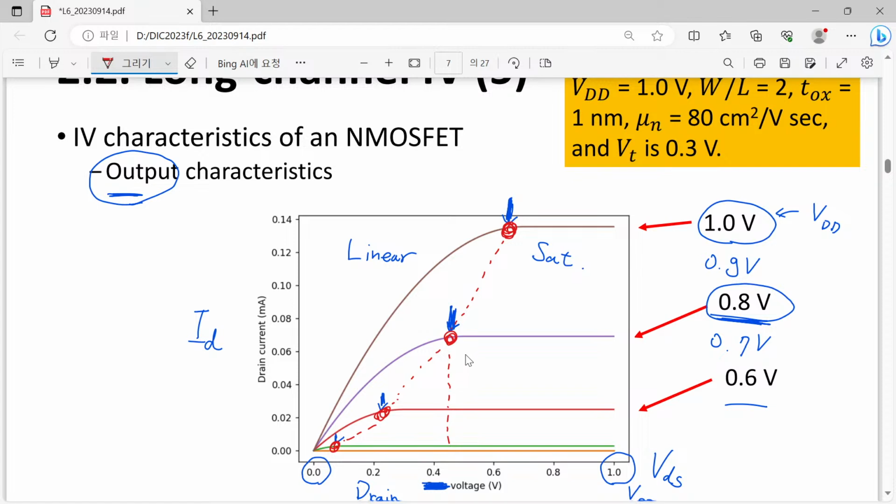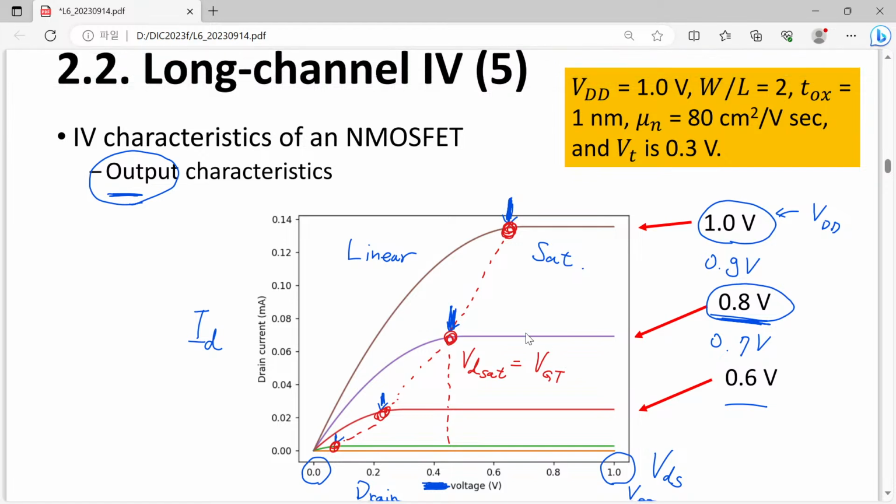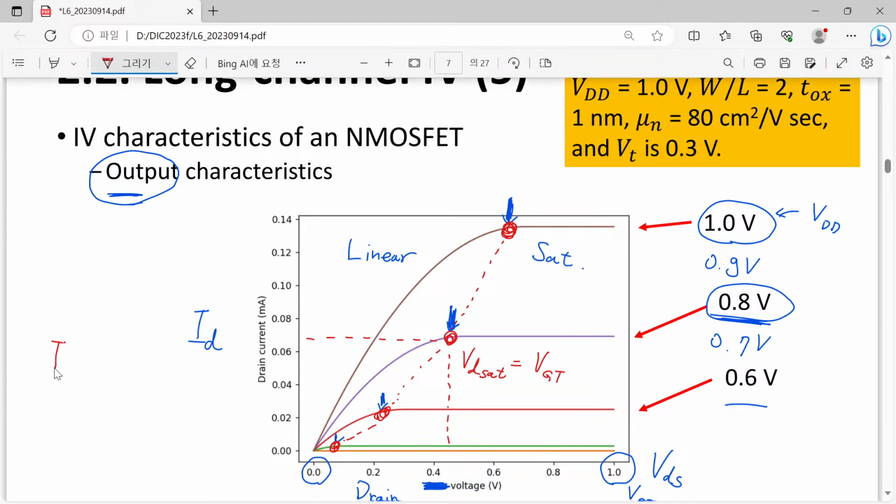That point, VDSAT, was given by our gate overdrive voltage. Do you remember? Also, what is the y-axis? The y-axis corresponds to IDSAT, the saturation current.